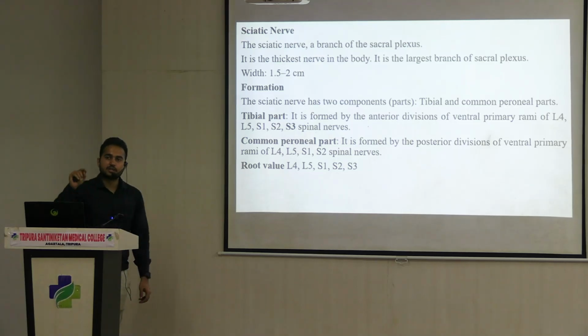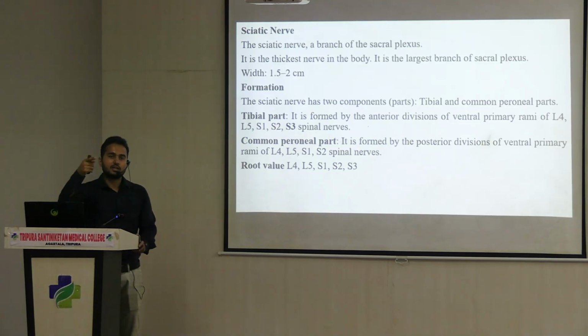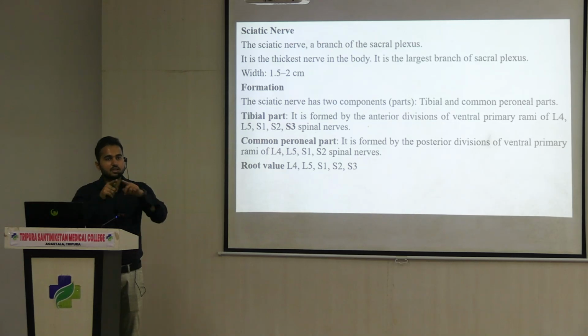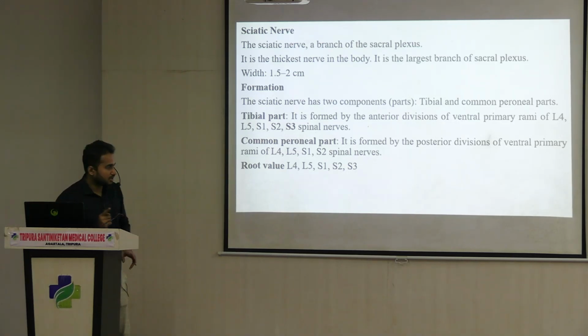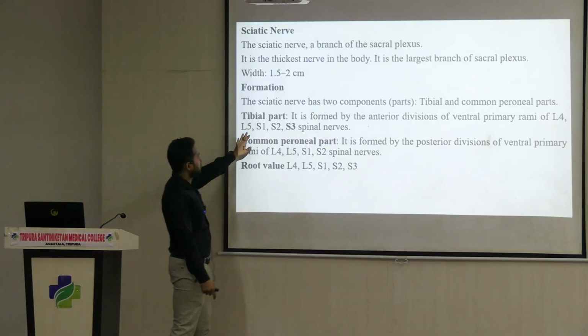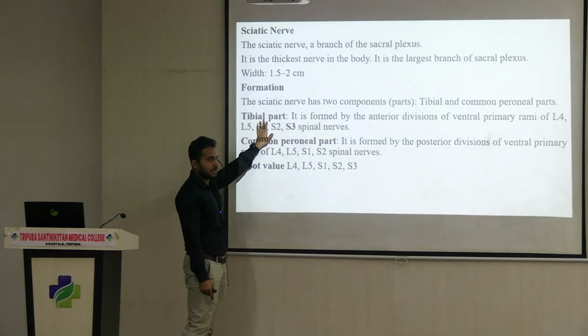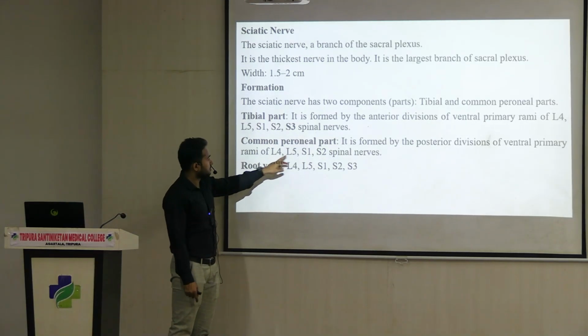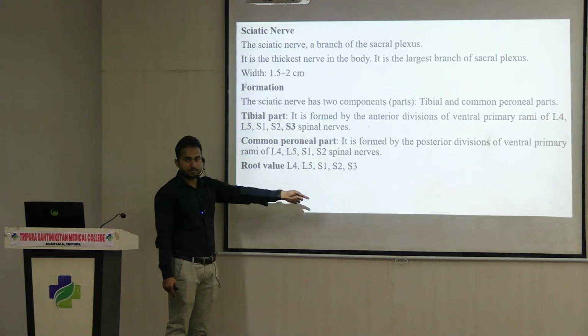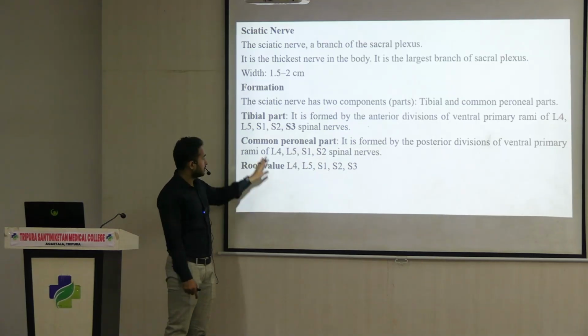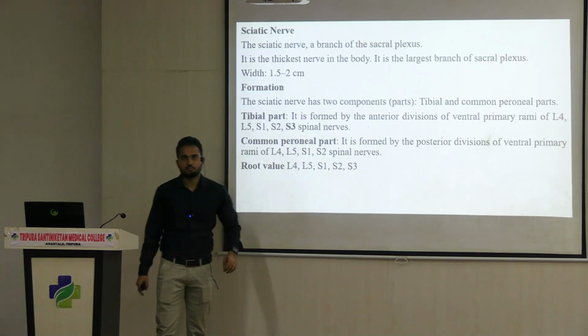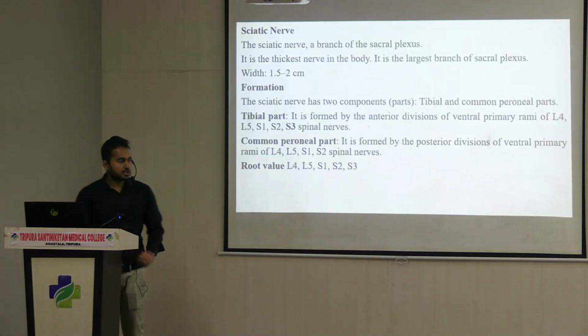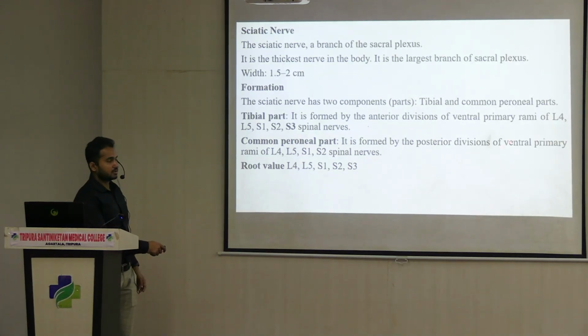Okay, so when the ventral primary rami come out from the spinal segment, uska further division hota hai, anterior division and posterior division. So the anterior division of L4 to S3 will form the tibial part, and the posterior division of L4 to S2 of the ventral primary rami will form the common peroneal nerve. Okay, so this division part must be there.